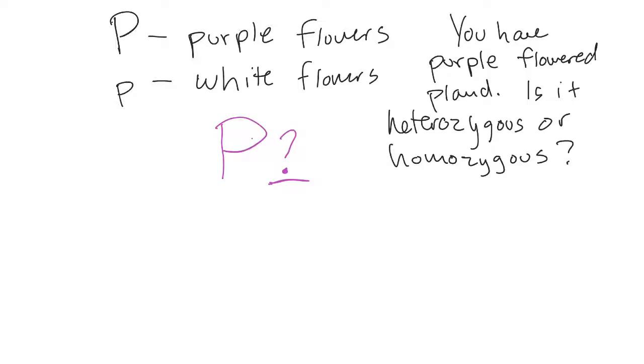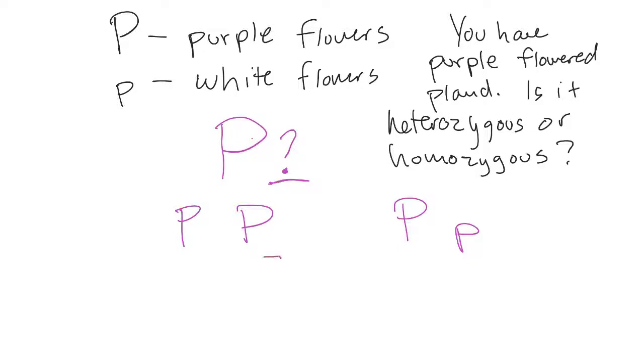Okay, good. So you would do what's called a test cross, where you would breed with a homozygous recessive, or a plant that had white flowers. Let's say it was homozygous dominant. So your 2 options are homozygous dominant or homozygous recessive, right?